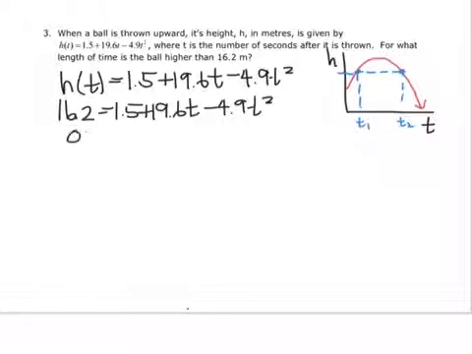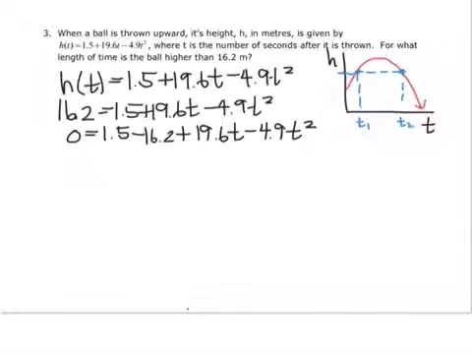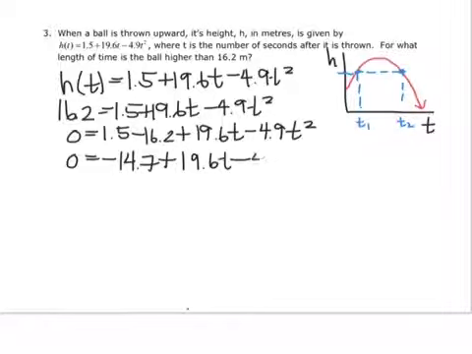So we have 0 equals 1.5 minus 16.2 plus 19.6 t minus 4.9 t squared. Continue to simplify. We've got 0 equals 1.5 minus 16.2, which is negative 14.7, plus 19.6 t minus 4.9 t squared.